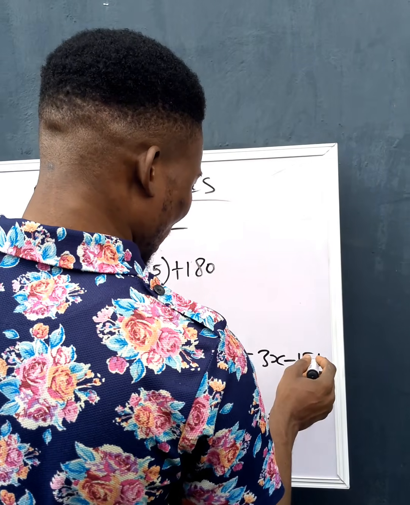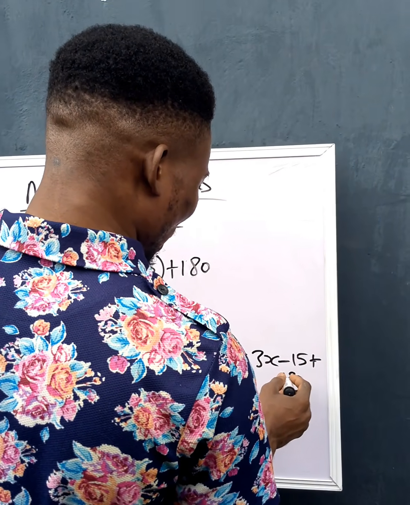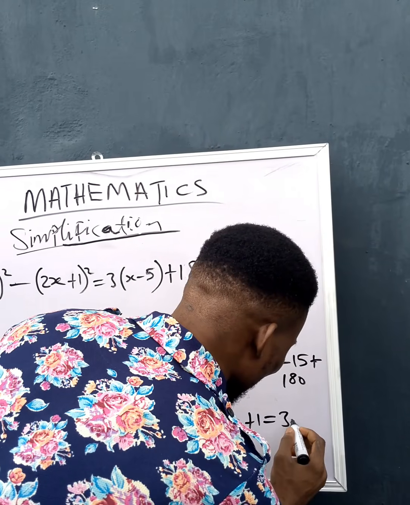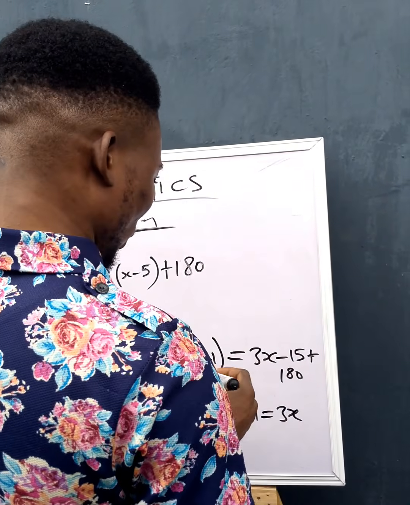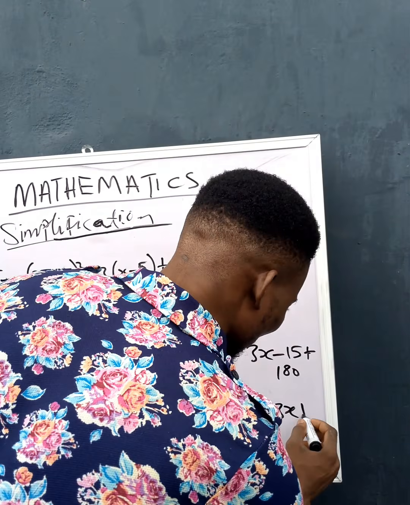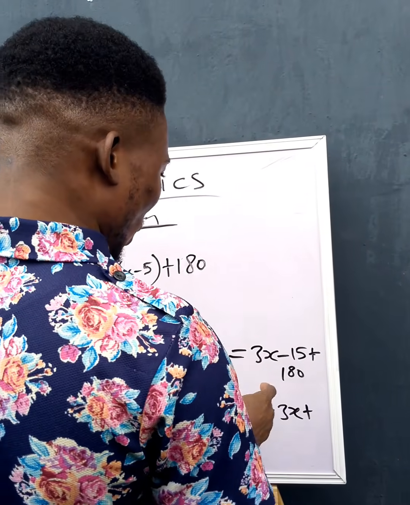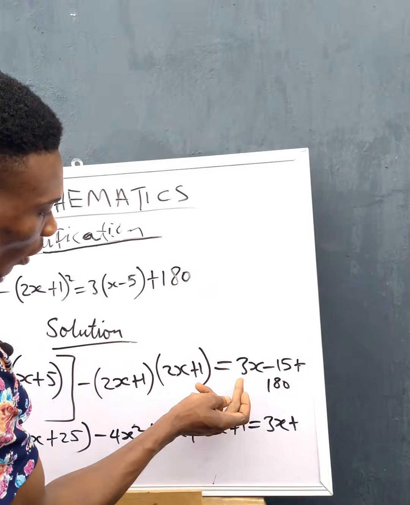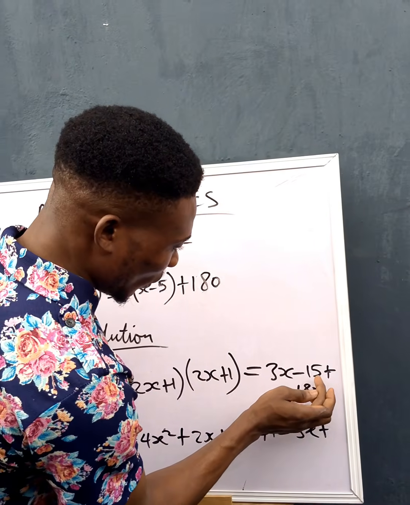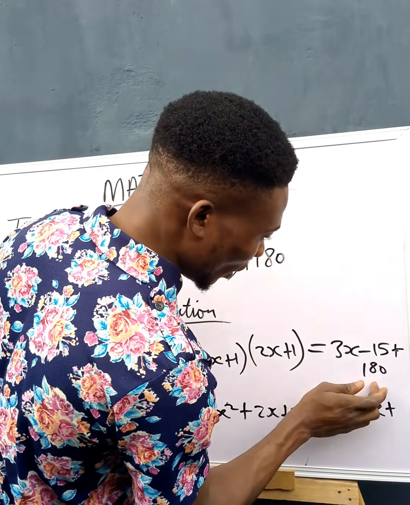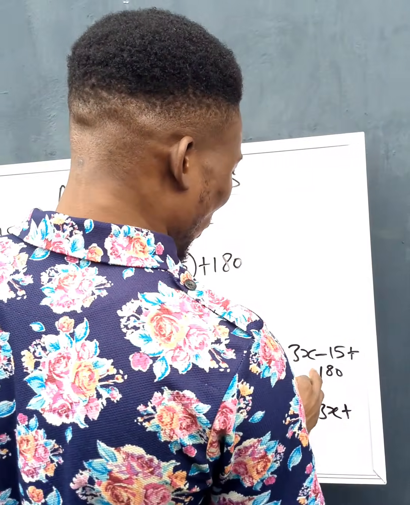Minus 15x plus 18x. In this case now, you will say 3x plus, why is it plus? Now you are going to have this thing, 15 plus 15 minus 180.